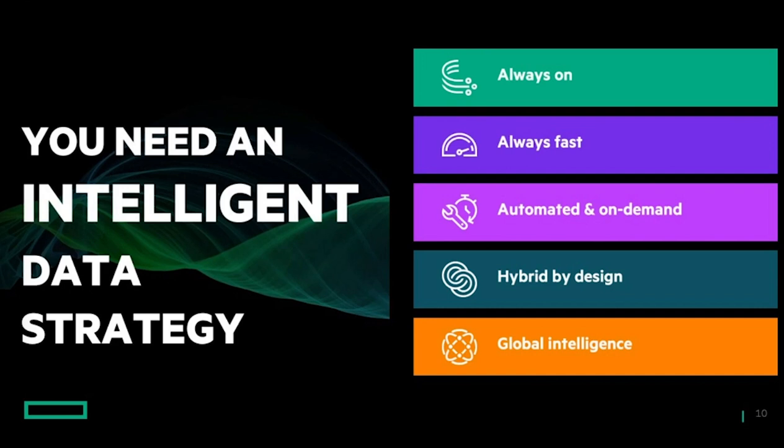An intelligent data strategy also needs to enable hybrid cloud, where your data has mobility across your hybrid and distributed cloud environments. And it needs to bring along global intelligence for predicting and preventing disruptions and keeping your infrastructure optimized.